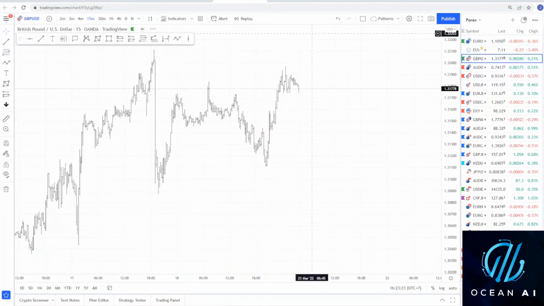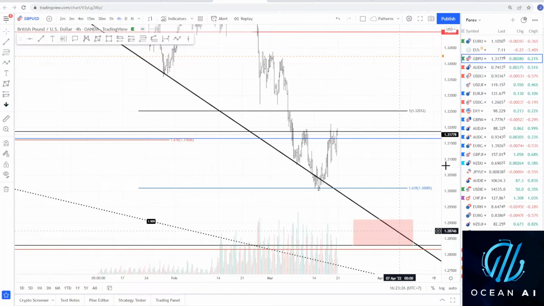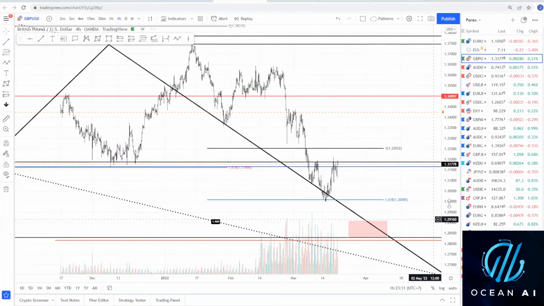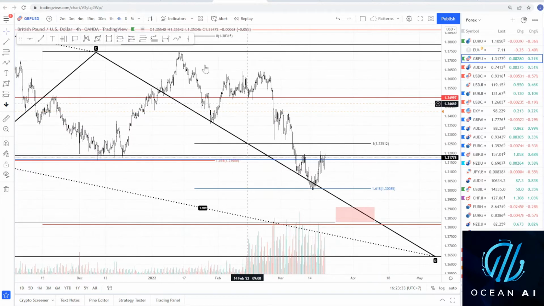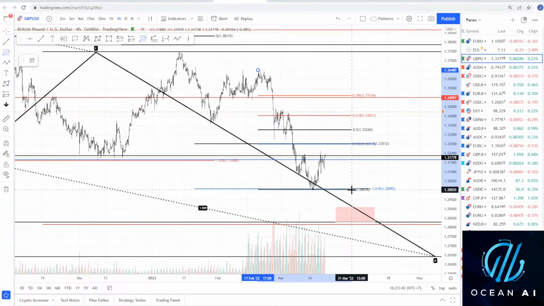If we go to the pound, start with a 4 hour. Yeah, still looking for one more move lower here with the pound as well. So what we want to watch is this 382 up around the 132.50 area.